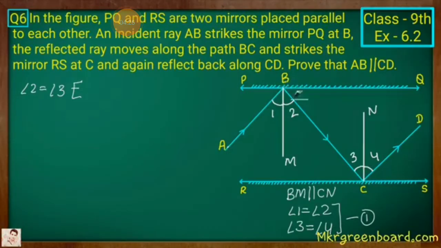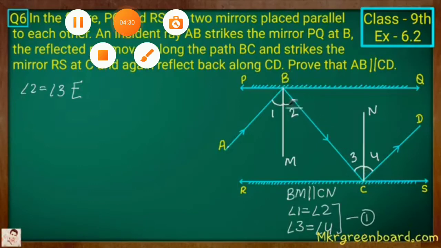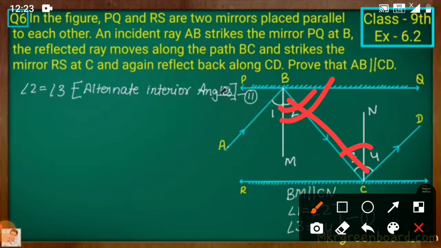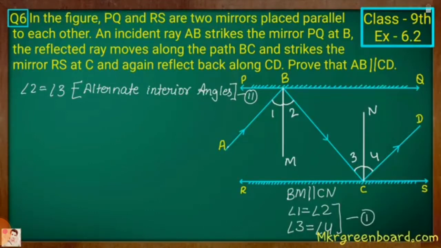Now angle 2 equals angle 3. See children, see the figure. Angle 2 equals angle 3 because of alternate interior angles. Interior angles means if we find one angle, the other angle is also the same. So that is called alternate interior angles. That's why angle 2 and angle 3 are alternate interior angles.